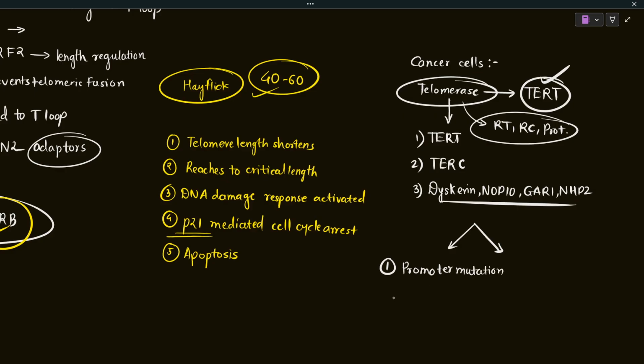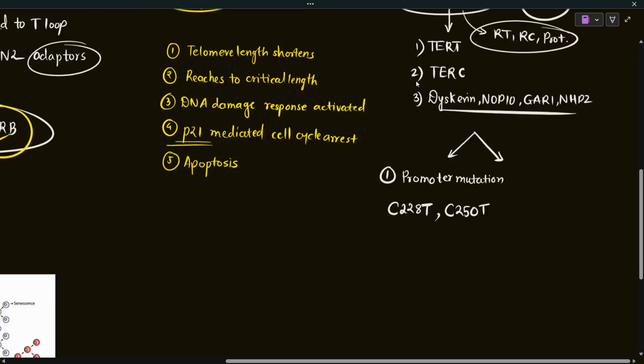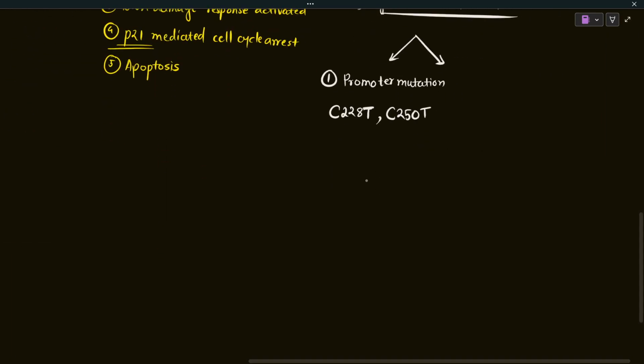There are certain promoter mutations, like the cytosine at position 228 converted into thymine, or cytosine at position 250 converted into thymine. Those mutations within the core promoter region of TERT create a de novo binding site for certain transcription factors, the transcription factors which belong to the ETS family.